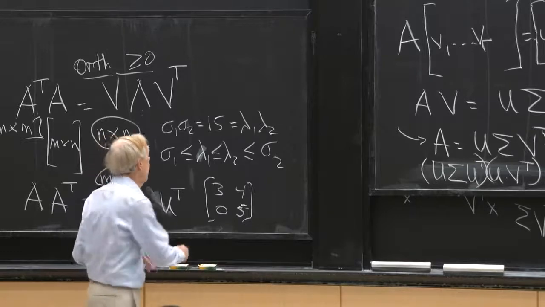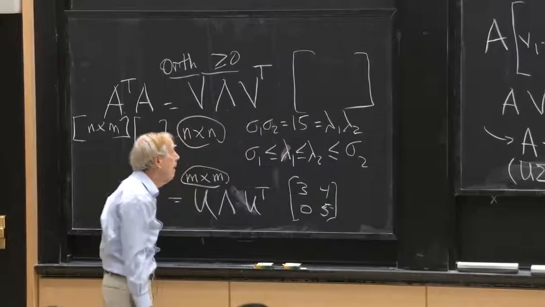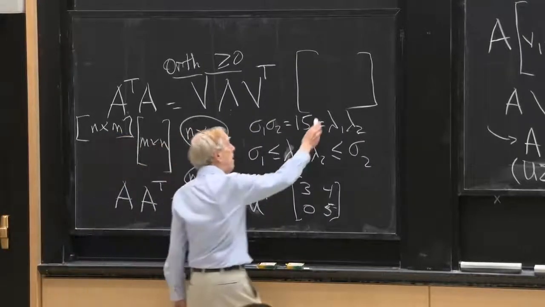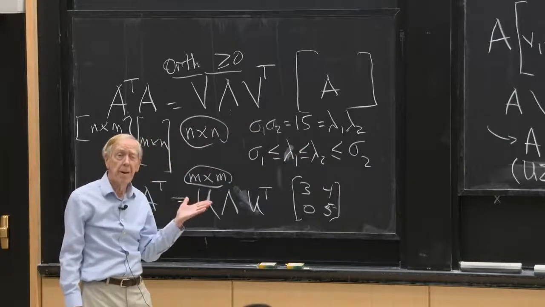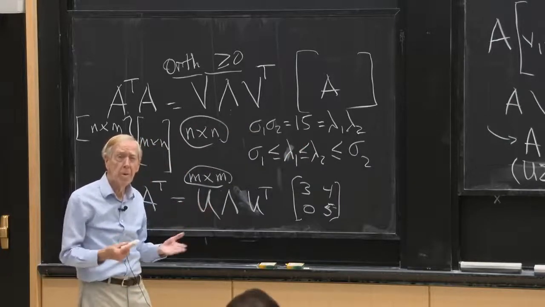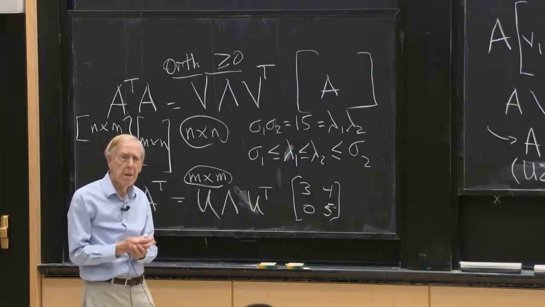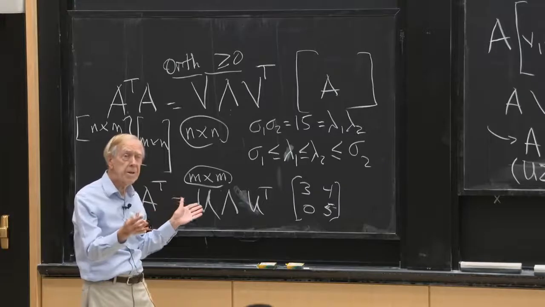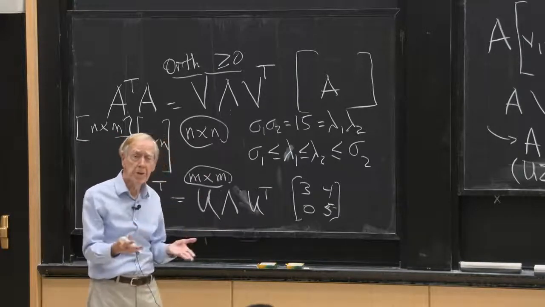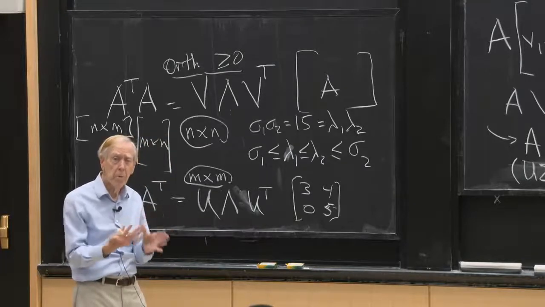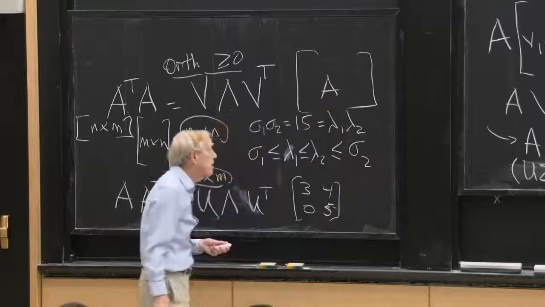If I have a big matrix of data, A, and I want to pull out of that matrix the important part, that's what data science has to be doing. Out of a big matrix, some part of it is noise, some part of it is signal. I'm looking for the most important part of the signal here.